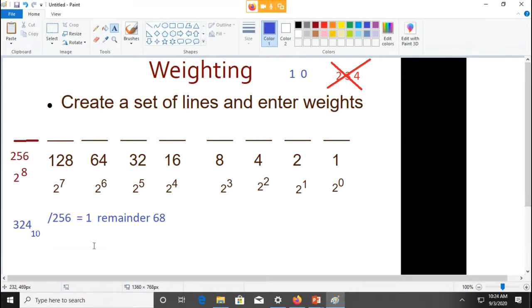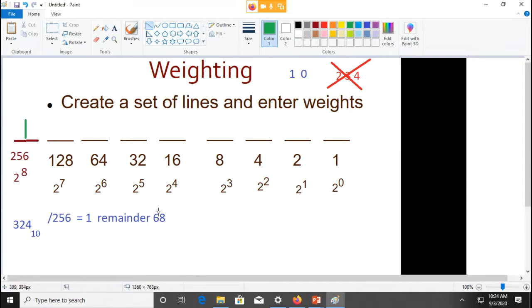That puts a 1 right here in the 256 column. So now I have a remainder of 68.